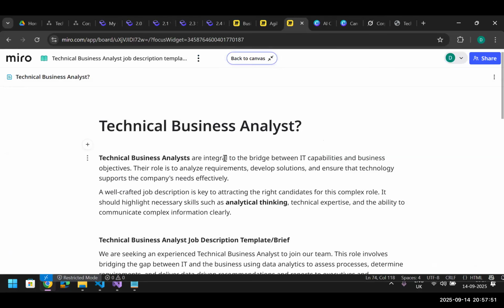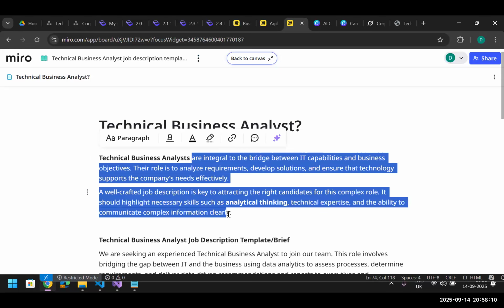The technical business analyst is all about this. A technical business analyst is an integrated part, because he is a bridge or a liaison between the business and IT. I'm putting it very summarized, I'm not detailing this. Maybe it's a self read, we can share this.